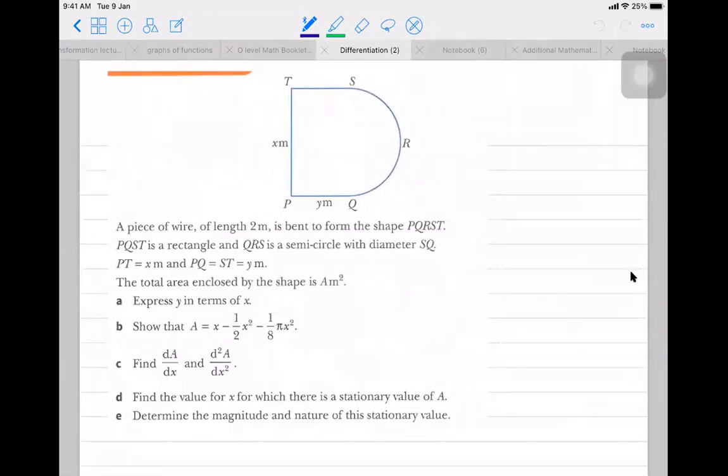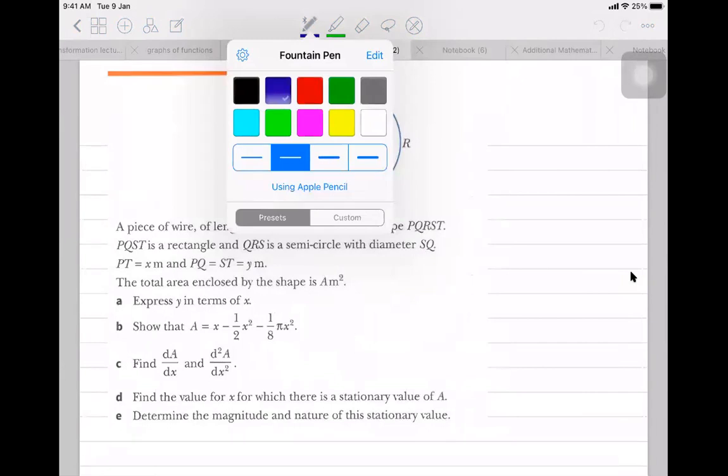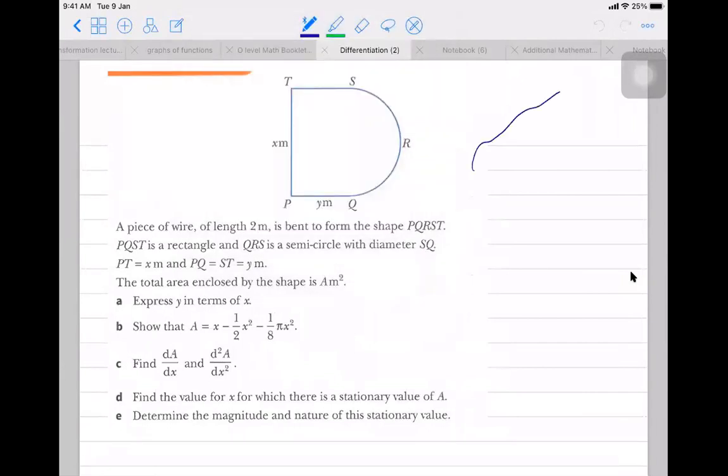A piece of wire of length 2 meter is bent to form the shape PQRST. So I have taken a piece of wire and this wire was bent to form this shape.